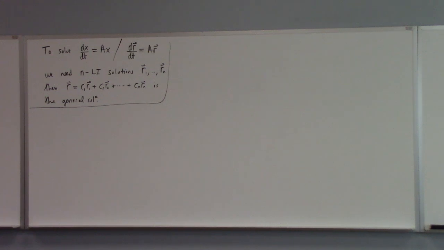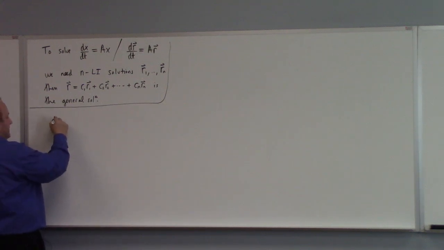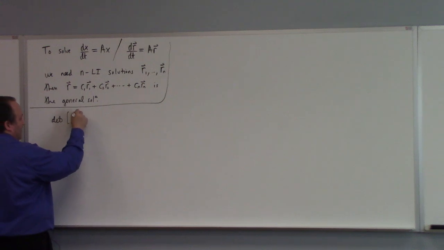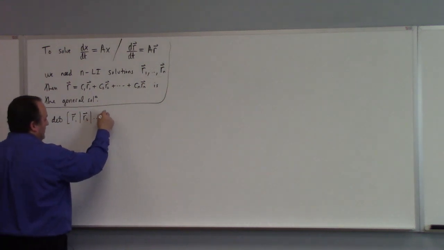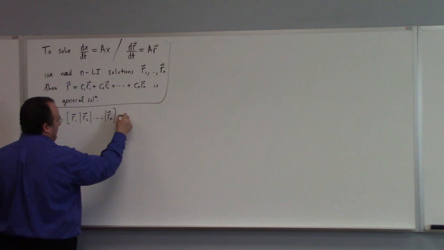Linearly independent solutions, right? We want linearly independent solutions. If you put the solutions together into a matrix, that matrix should be what? Invertible, right. I'm glad that you did not say the forbidden linearly independent. That is very good. Invertible matrix. So we should expect the determinant of [R1 R2 ... Rn] is not equal to 0.